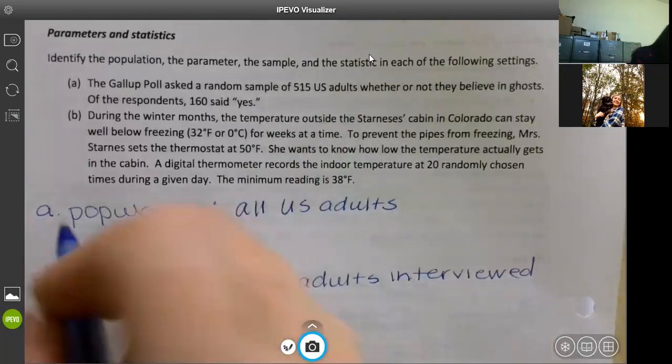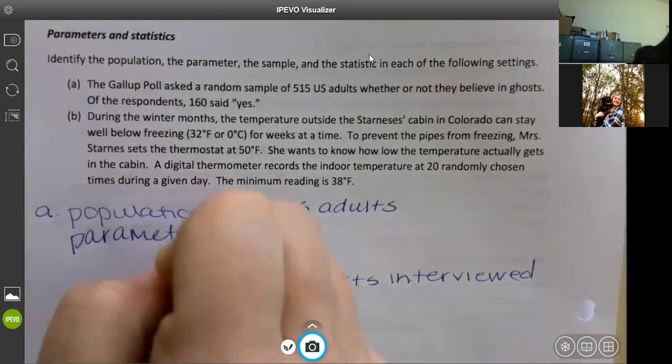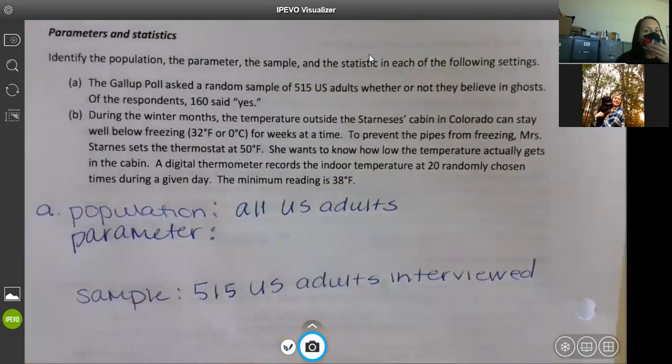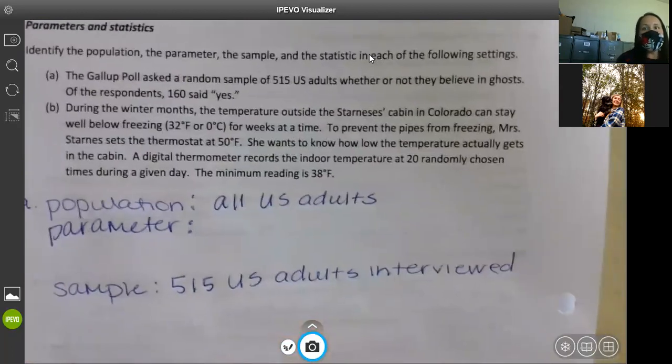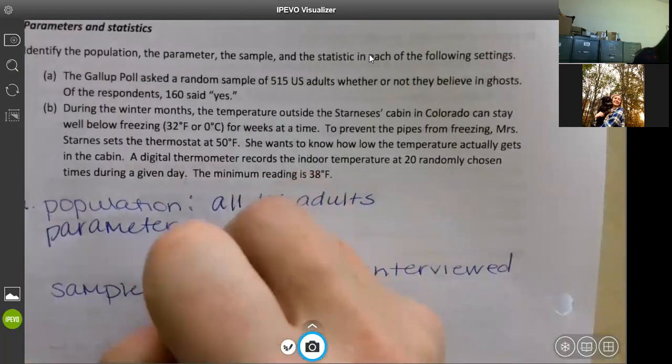All right. So our parameter is what we're looking for. It said of U.S. adults whether or not they believe in ghosts. Of the respondents, 160 said yes. So what were we looking for?